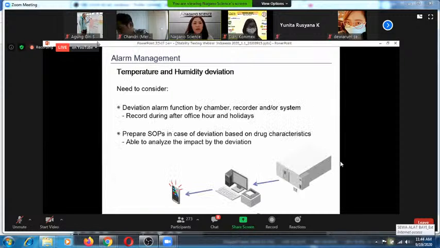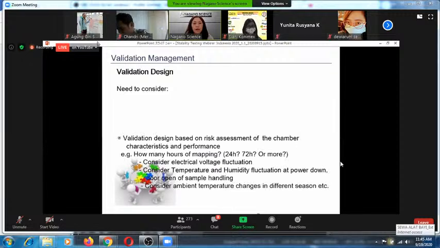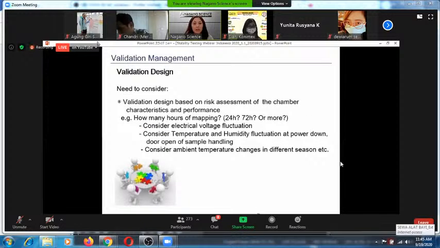And validation management is also important. Of course, you have to start with the validation design, and what you need to consider is validation design based on risk management of the chamber characteristics and performance.